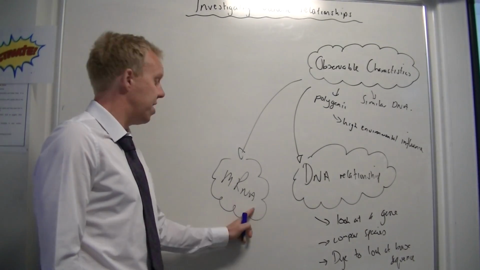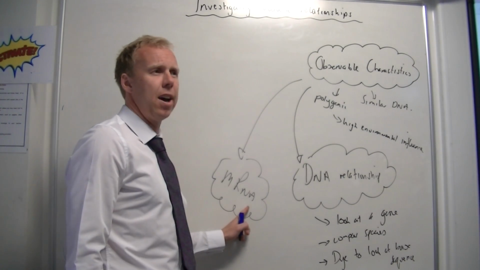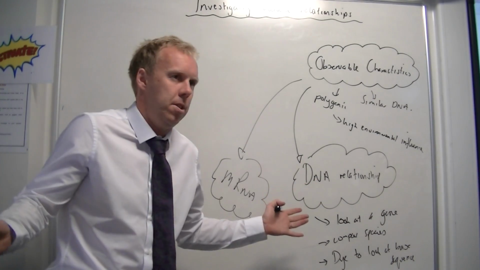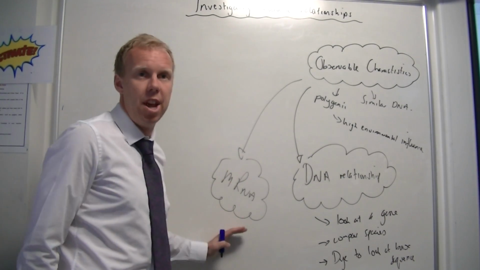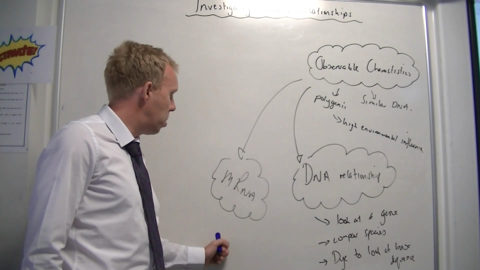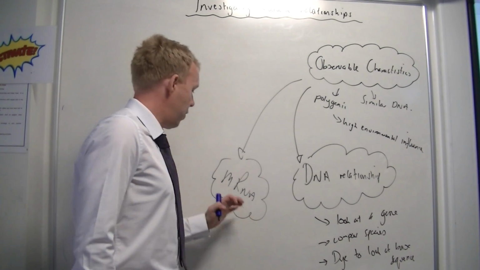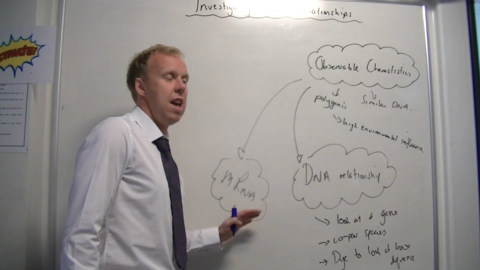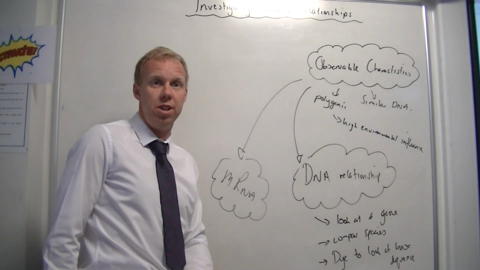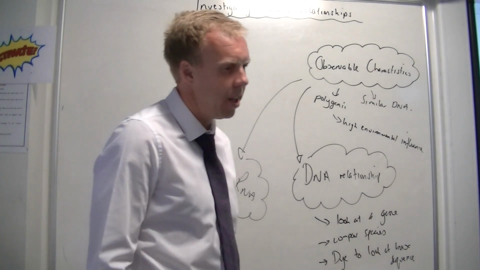But the concept could be this is single-stranded, therefore easy to manipulate, or it could be this occurs in the cytoplasm and this is the nucleus, therefore it's easier to extract. Alright? But it's exactly the same. The mRNA has bases. The bases will be comparable in different species, and therefore the more similar the mRNA strand is for a given gene, the more closely related the species are. Are we all with that so far? Alright, okay, brilliant.